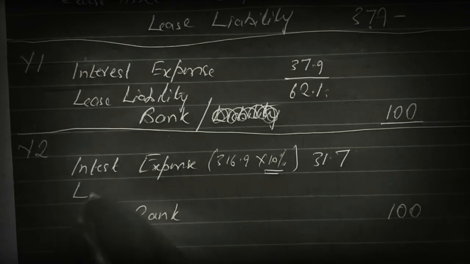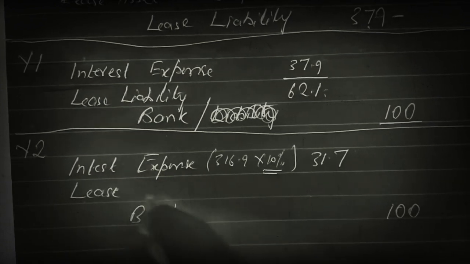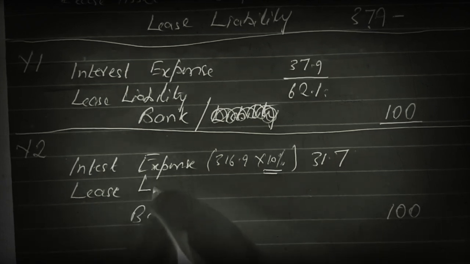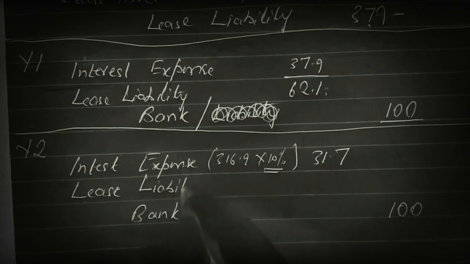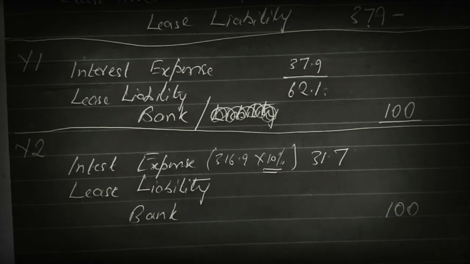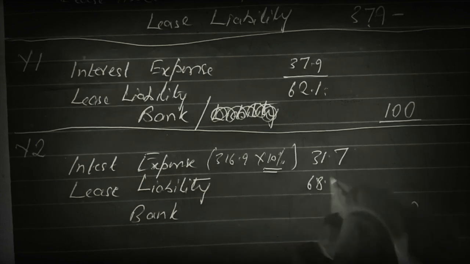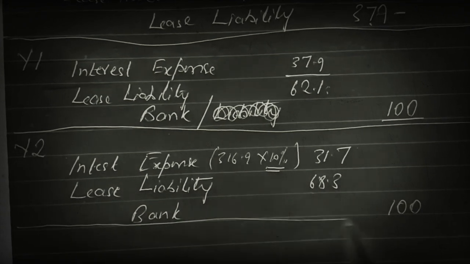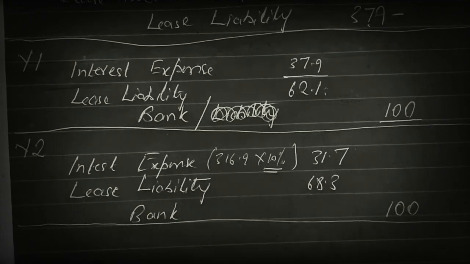And the repayment of lease liability would be the remaining amount from the $100 we paid, and it would debit or reduce the liability because we have paid that amount. So it is $68.3. And that's what we can continue throughout till the end of this lease period.